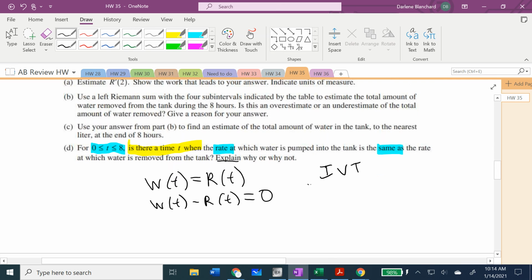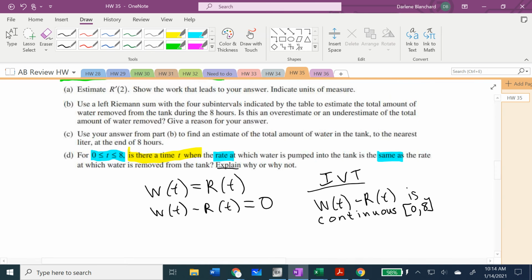So what you're going to need to say is that the function W minus R is continuous over the interval from 0 to 8, that closed interval. Now, how do you know it's continuous?